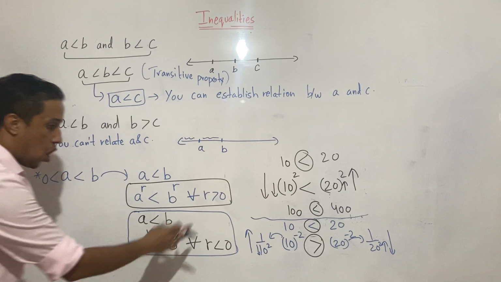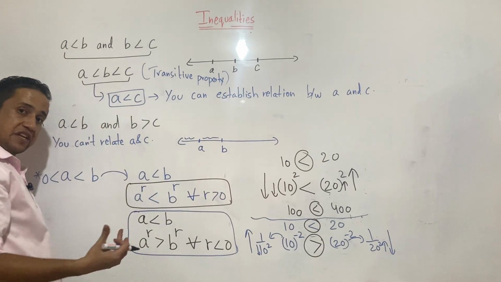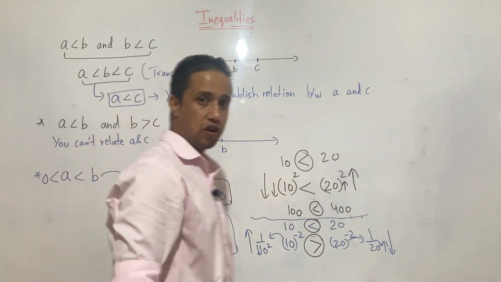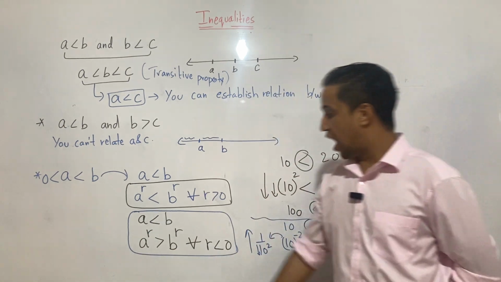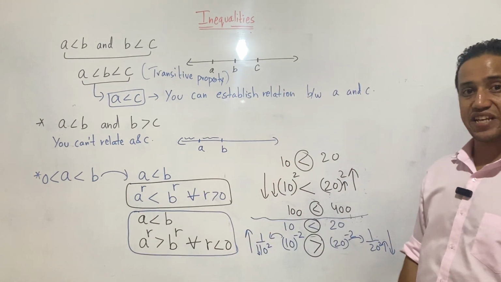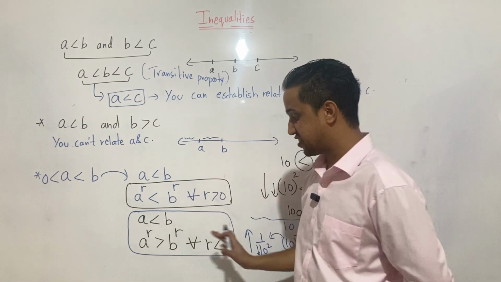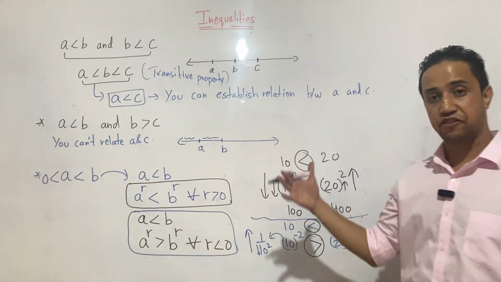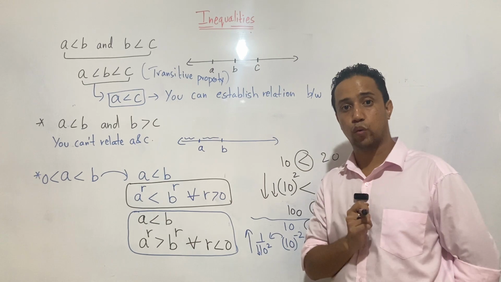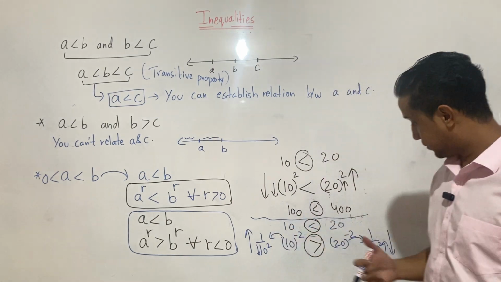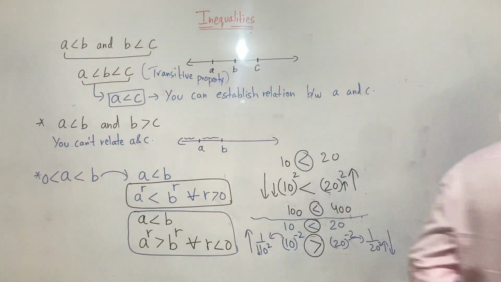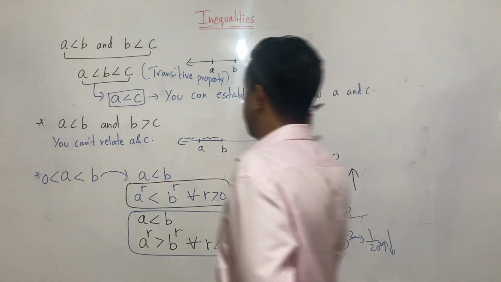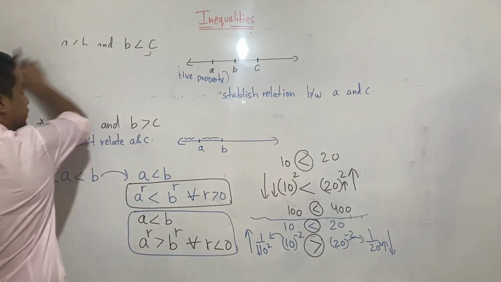So when you raise the bases on either side to some exponent, and the value of the exponent is negative, then the sign of inequality will get inverted. Simple, right? Now there is one more case that you have to observe.